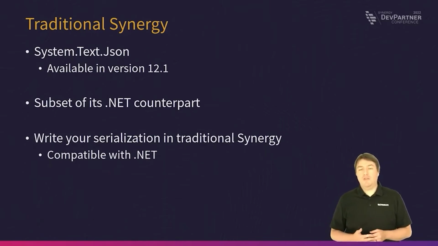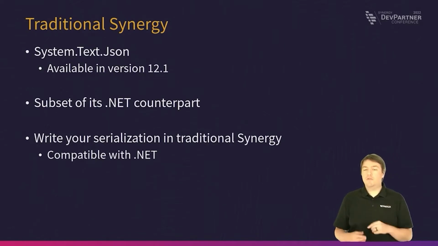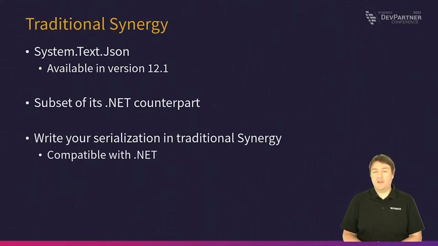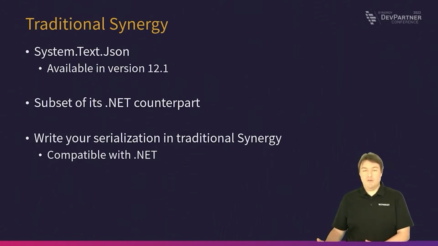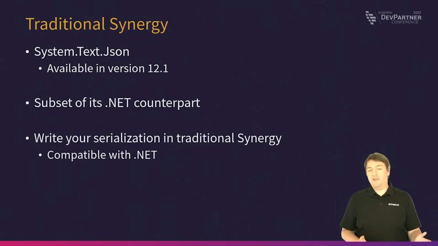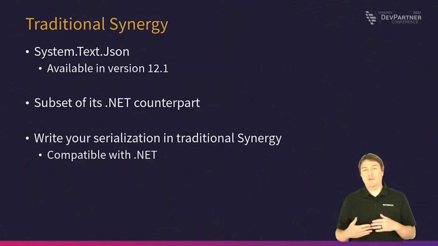To make sure that it will meet your needs, we dog-fooded this API in both Harmony Core as well as the traditional Synergy test framework before shipping it out as a documented feature. Also, with how we implemented this API, you can implement your serialization in a way that is directly compatible with the .NET version. So write once to get our implementation on traditional Synergy and Microsoft's implementation on .NET for your code that's shared between the two systems.